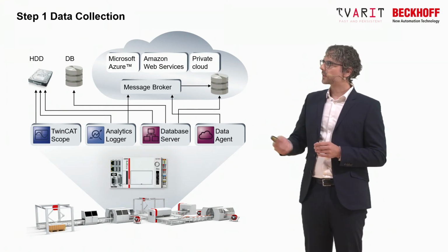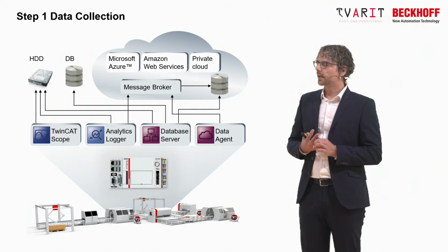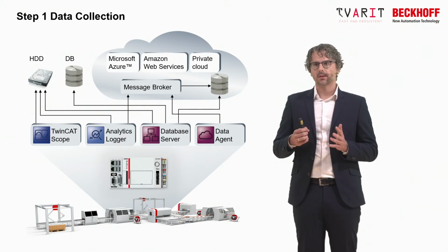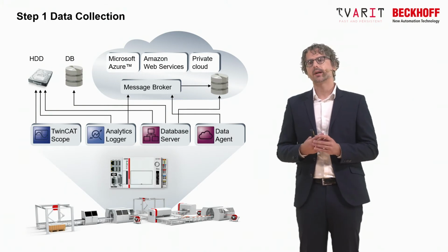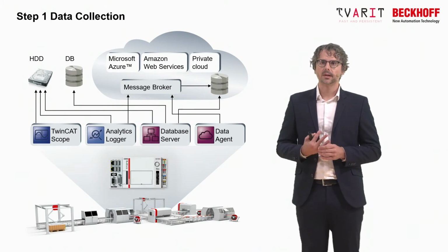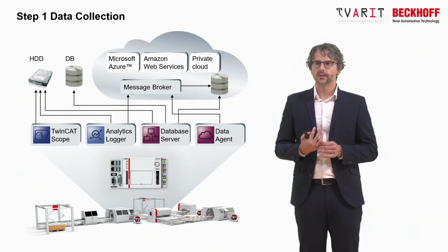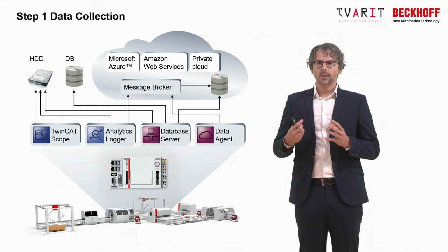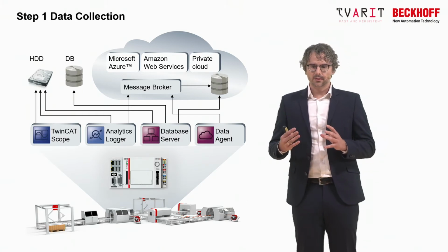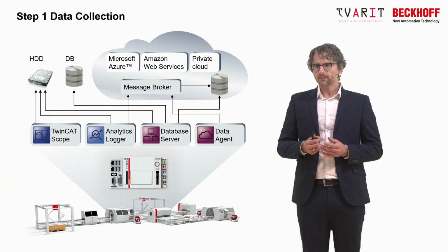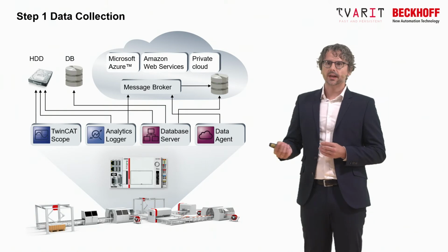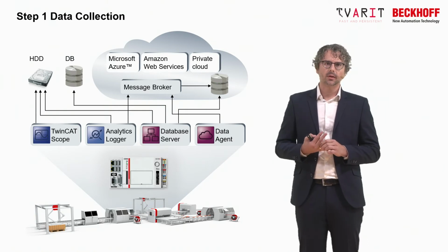We have the TwinCAT IoT products here with the data agent, which enables you to communicate standard JSON packages over MQTT to a message broker, which can then forward the message to your database of choice. What is also different is not only the data format, but also the communication way. For example, if you use the data agent, you can speak MQTT or AMQP.